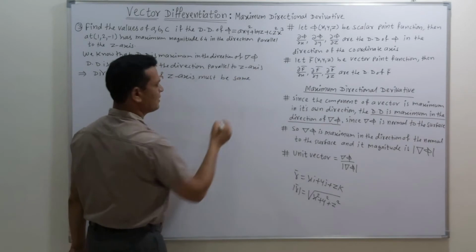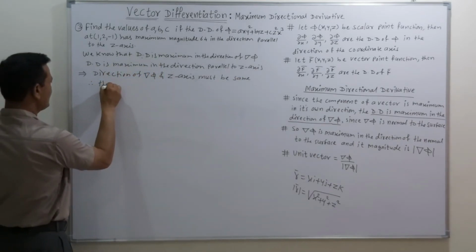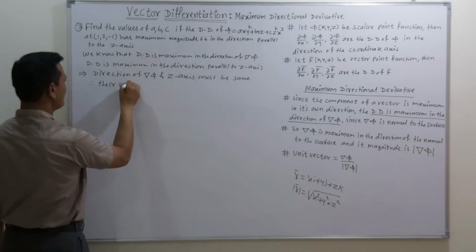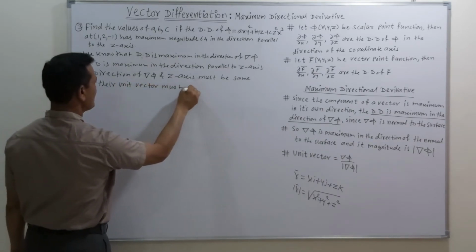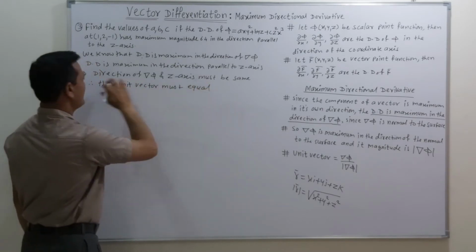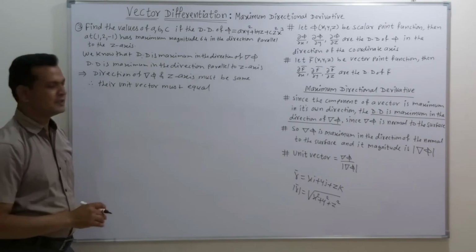So these two directions must be same, and therefore their unit vectors must be equal.